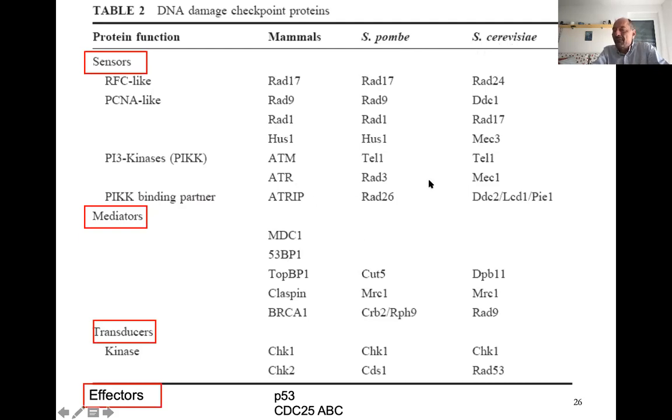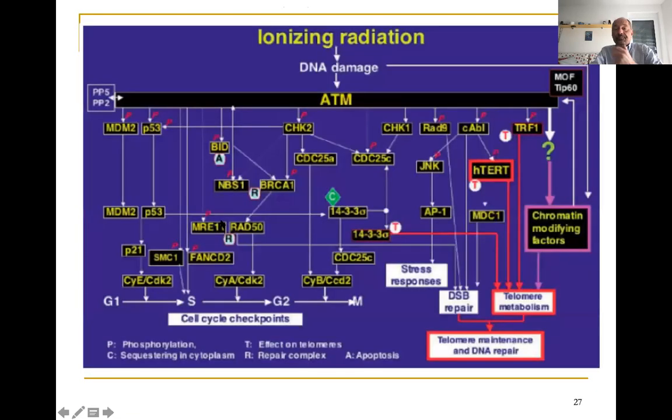Sometimes they use different ones, like ATM and ATR, which are only for mammalian cells, but you see that the RAD proteins are present also in yeast, and even the transducer kinases, those that allow the transition in the cell cycle, like checkpoint 1 and checkpoint 2, are also in yeast, you know.